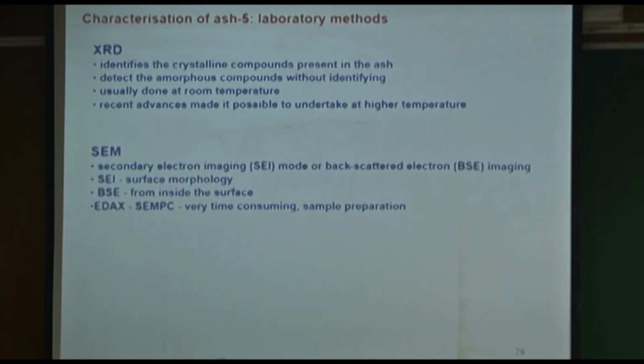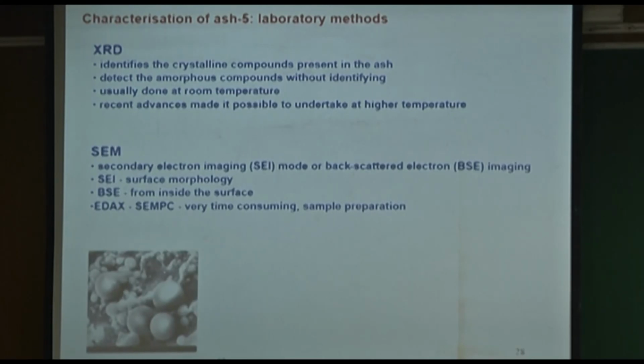So between the two of those, it gives you fantastic information of what elements are present on the surface as well as on the inside. And then, of course, it gives you the morphology as well. EDX is another one. So you can generate nice pictures.